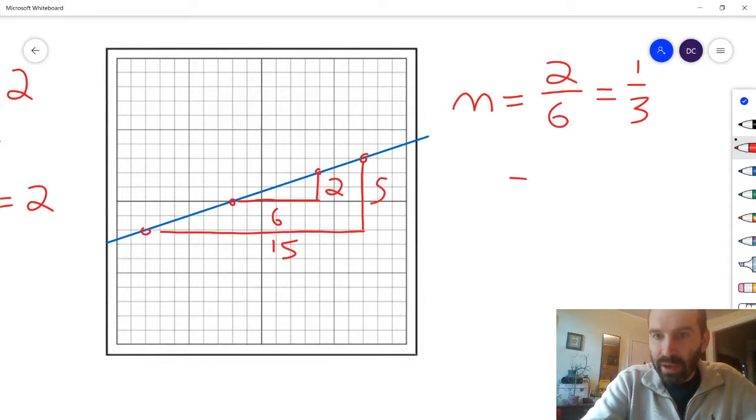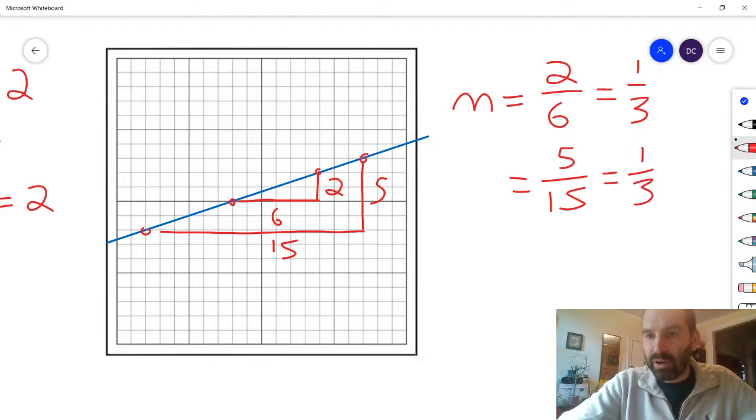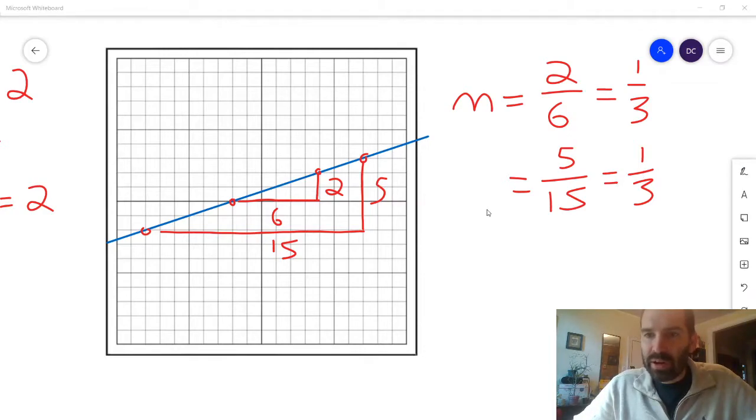So I have rise over run, 5 over 15, which again simplifies to 1/3. I get the same answer. Notice I'm using the letter M for slope. That is the traditional letter to use in mathematics.